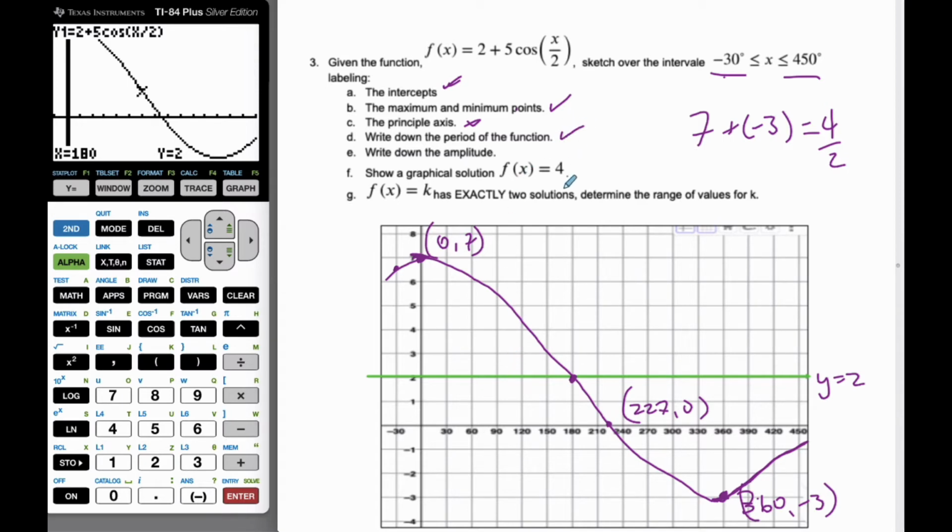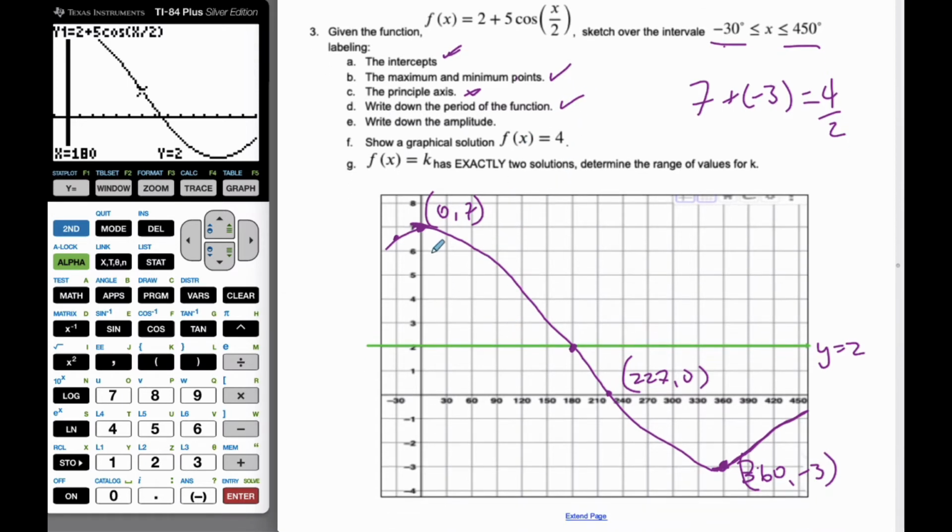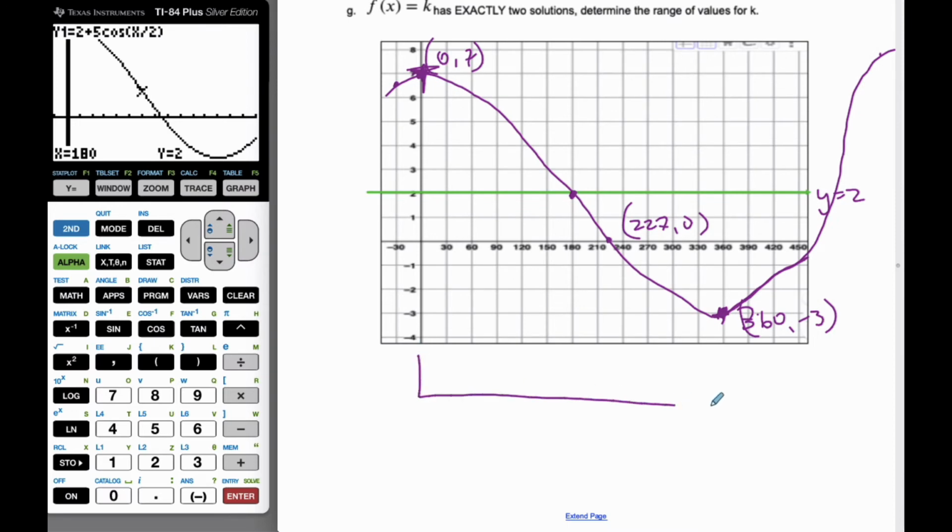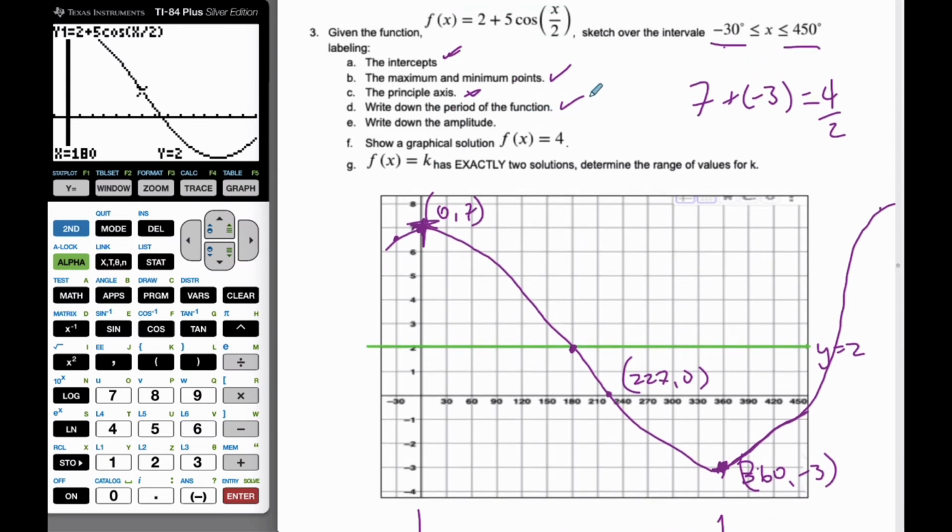Now looking for the period of this particular function, recognize that here's a maximum, here's a minimum. The graph will keep on going. And so this here is half a period. If from 0 to 360 is half the period, the full period will be times 2. 2 times 360, which I know is 720. And so the period is 720.